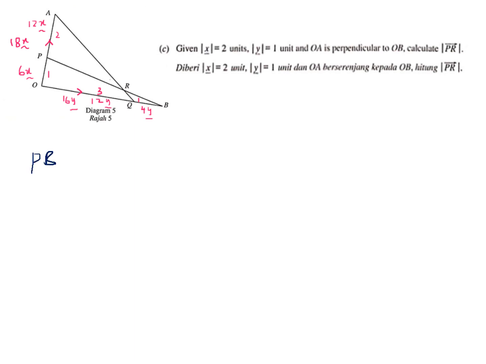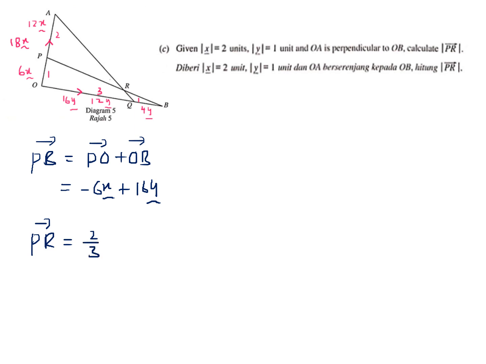Vector PB equals vector PO plus vector OB, which is negative 6x plus 16 vector y. Vector PR equals 2 over 3 times negative 6x plus 16y, which gives negative 4 vector x plus 32 over 3 vector y.